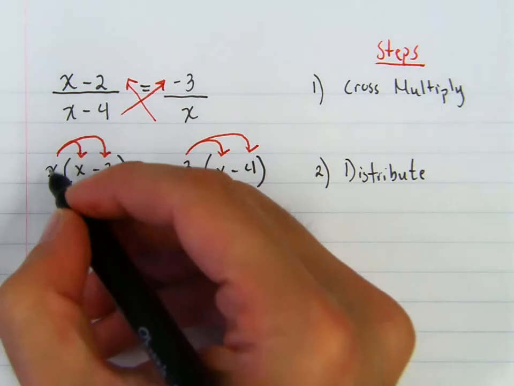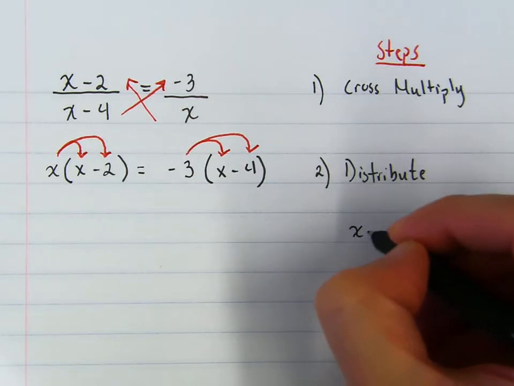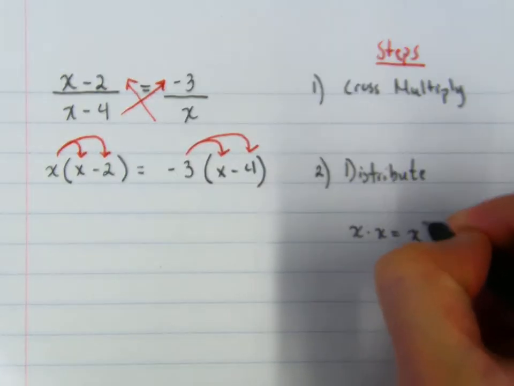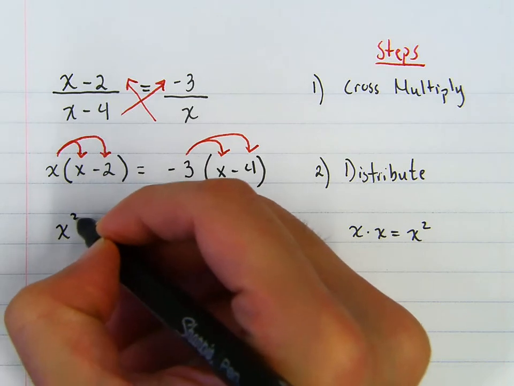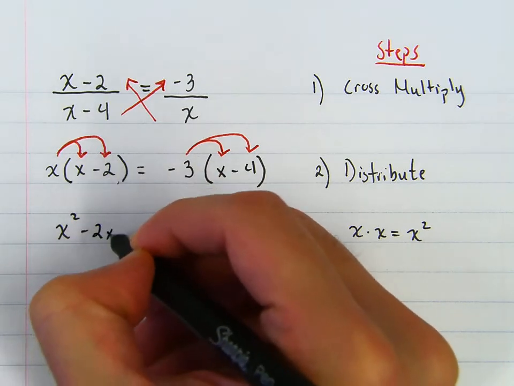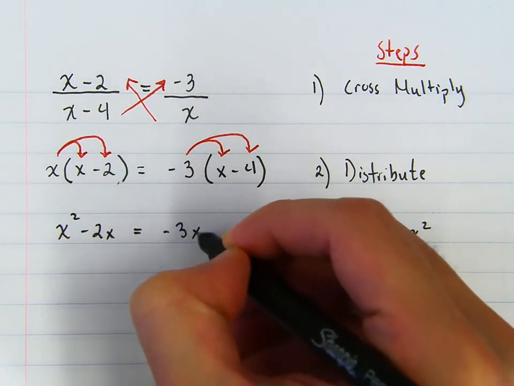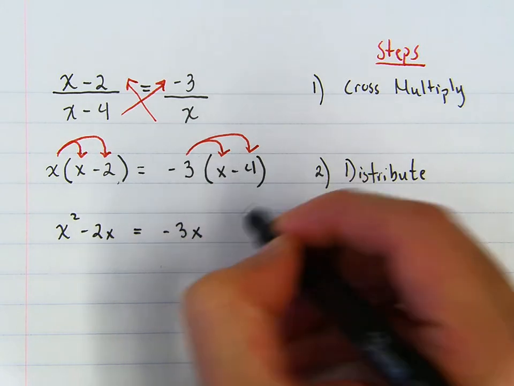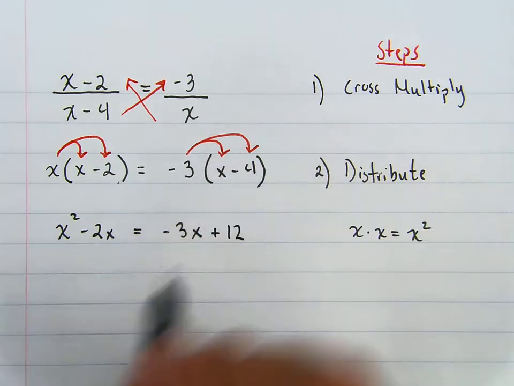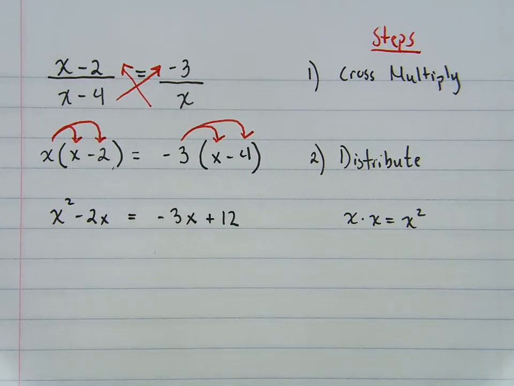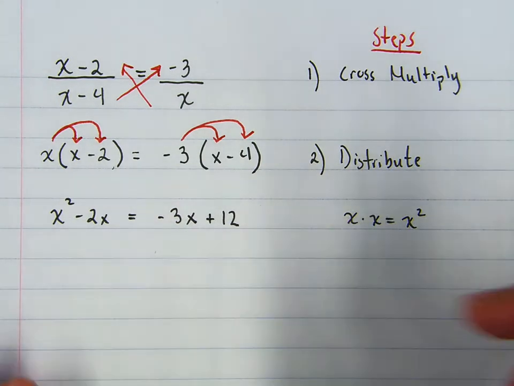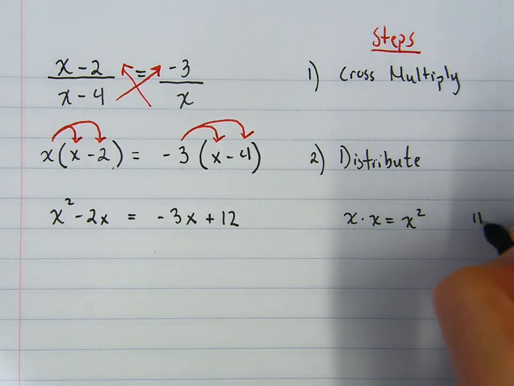Remember, x times x is x squared. So this is x squared minus 2x equals negative 3x, and negative 3 times negative 4 is positive 12. Now, once we get to this point, a lot of students get lost. Very sad.